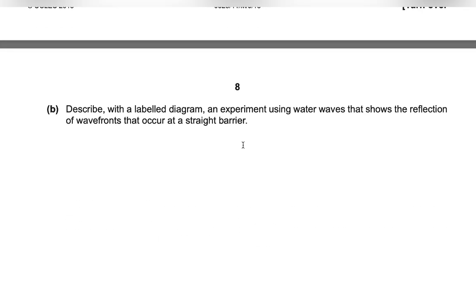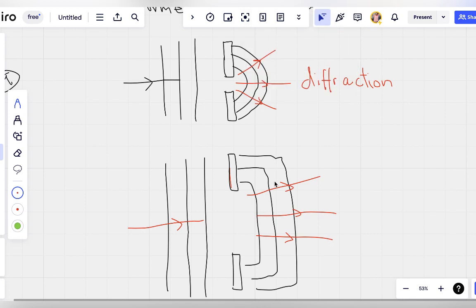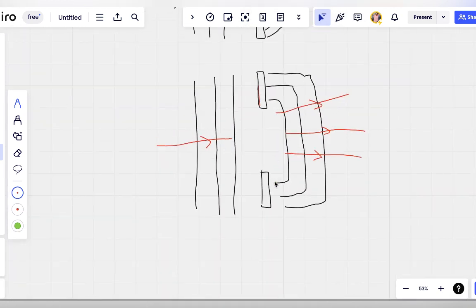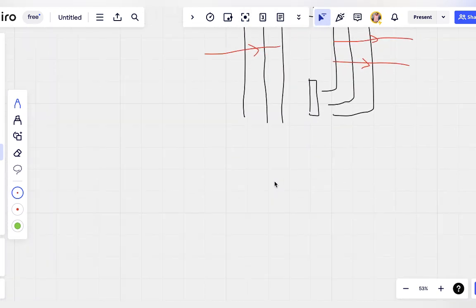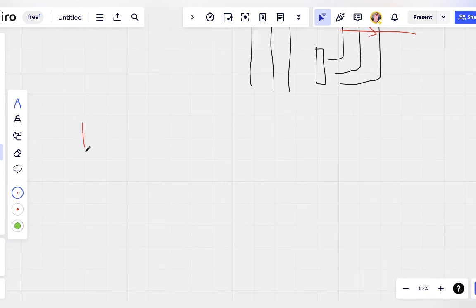Describe, with the aid of a diagram, an experiment using water waves that shows the reflection of water waves that occurs at a straight barrier. If you have a water wave, I think we can take this one, 6B, and this one is like an experiment, so it will attract more marks.